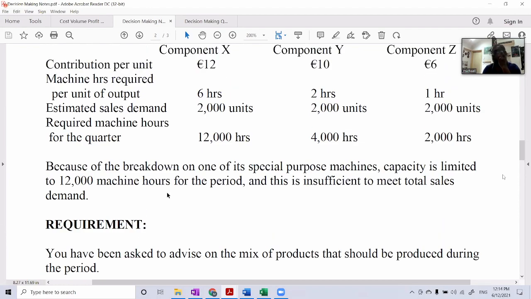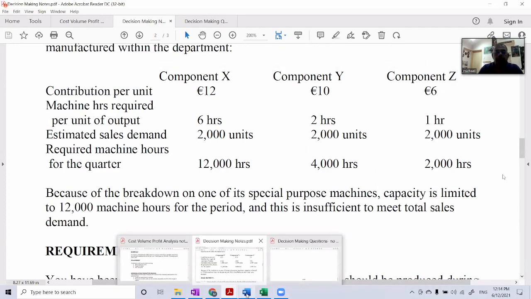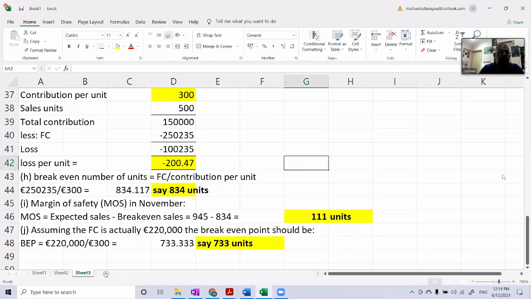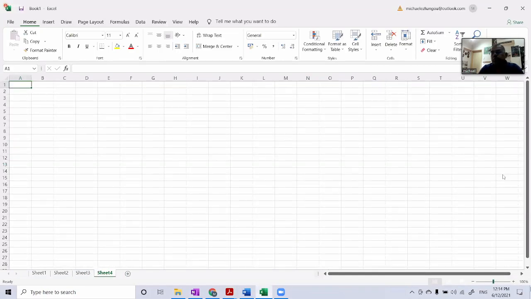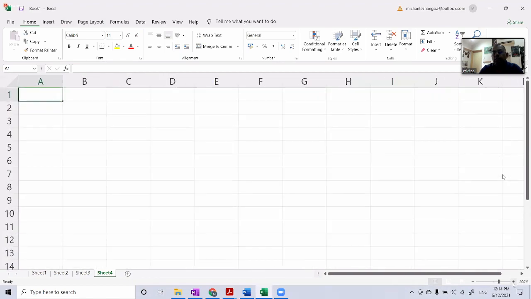All right. Now, the products that you're making, let me do it in Excel so it's easier for you to read. Right.